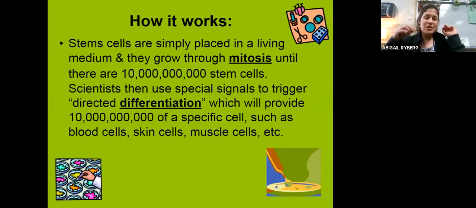Scientists then use special cellular signals to trigger and direct differentiation, which will provide many specific cell types. Whatever type we're looking for, let's say we need white blood cells, we can trigger this huge clump of cells to all act like white blood cells. And then we can use that in some type of cell therapy.